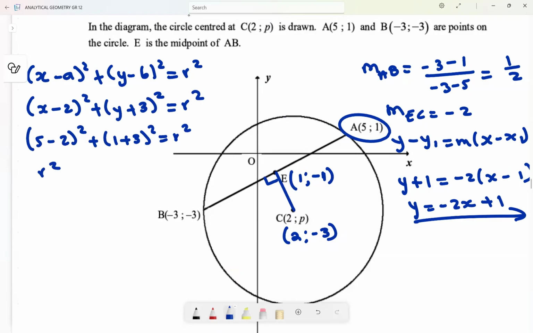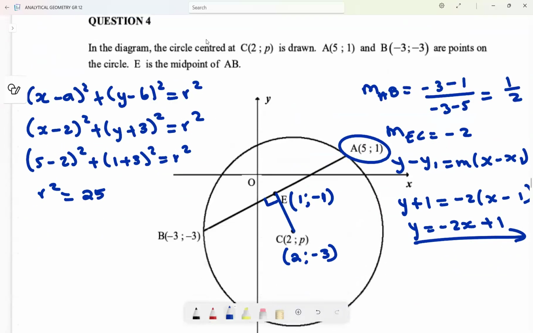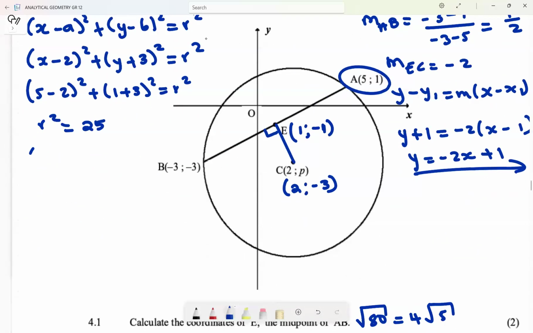When you find r squared to be something like 25, they tell me yes. After finding that r squared is equal to 25, I can come back and say (x minus 2) squared plus (y minus 3) squared is equal to 25.